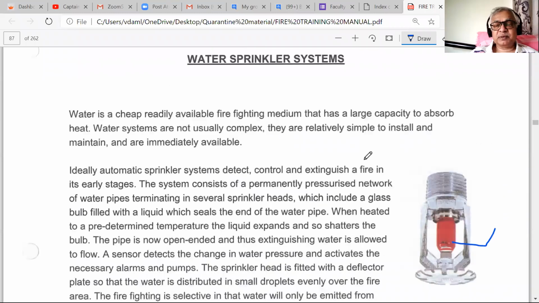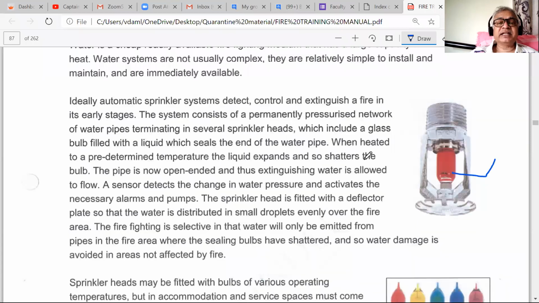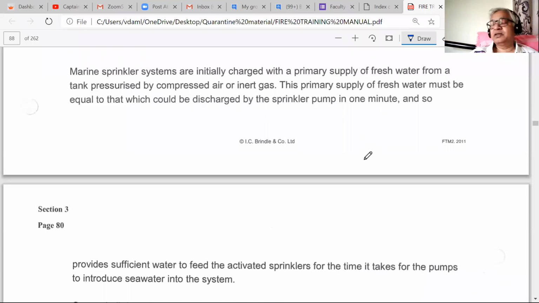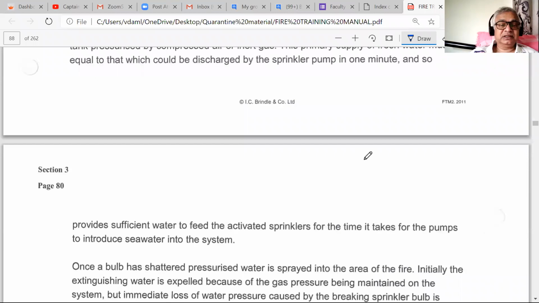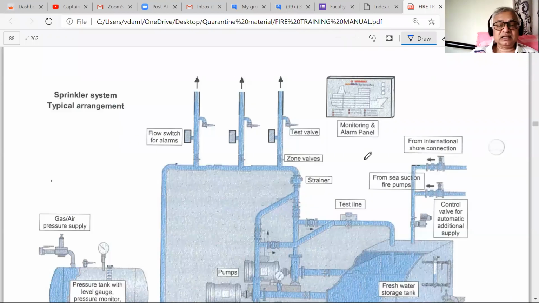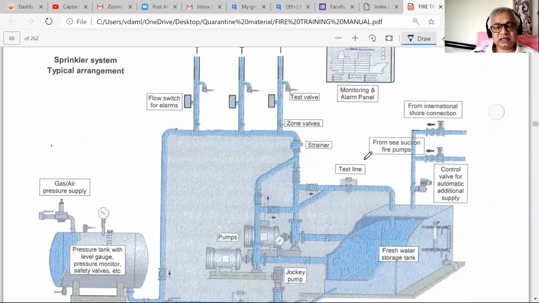Then water sprinkler system, these are the wet types, means the pipeline is always under pressure. And this is the typical diagram. I told you that instead of drawing this, you should be able to draw a box diagram, which is showing the functions, because you must know different functions.